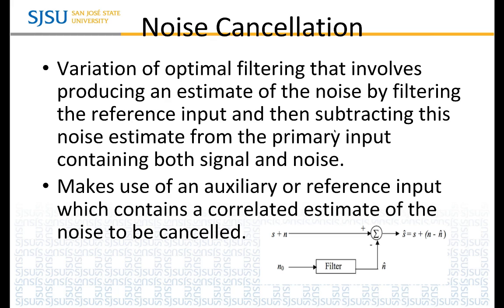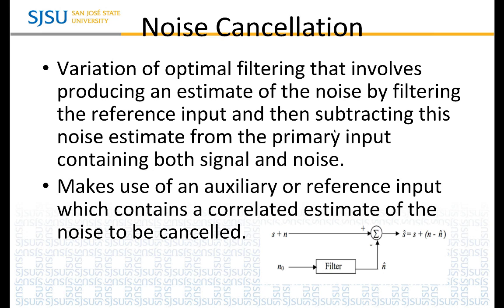S plus N is signal plus noise. Now you send a reference signal through a filter; you have to take the feedback from the environment, find the noise signal, send that signal through the filter, and when you subtract that from the original signal, you get the signal which is expected.